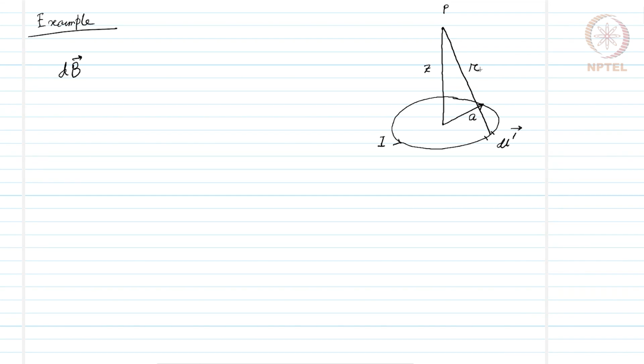The horizontal component of the magnetic field would cancel because it will be summed over from different dl primes from the entire loop.